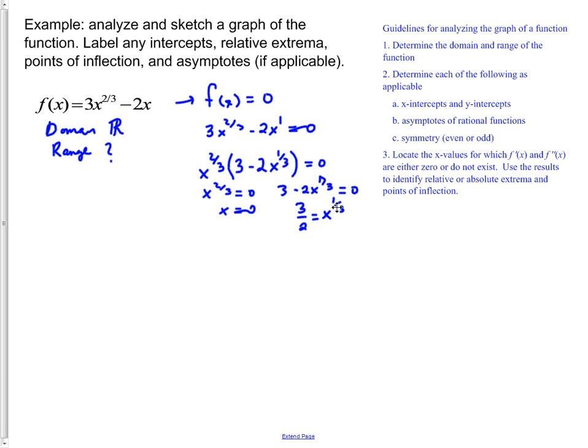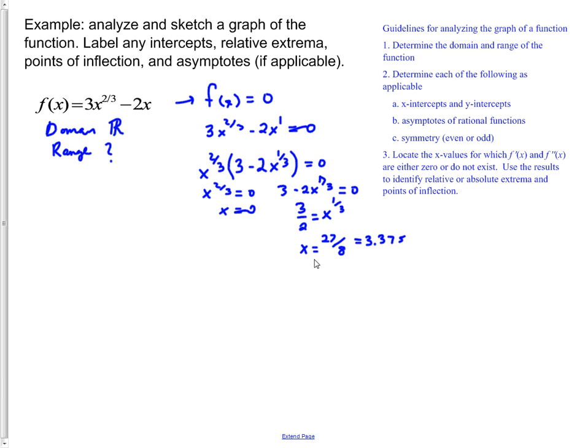And to get rid of a 1/3 power, we raise everything to the third, so we get x equals 3 to the third, 27, over 2 to the third, 8. So 27/8, which is approximately 3.375 as a decimal.